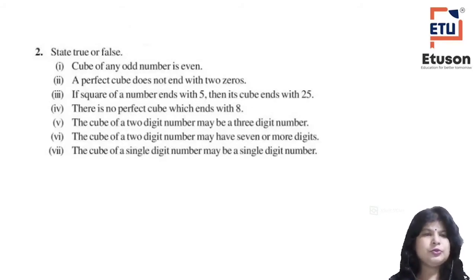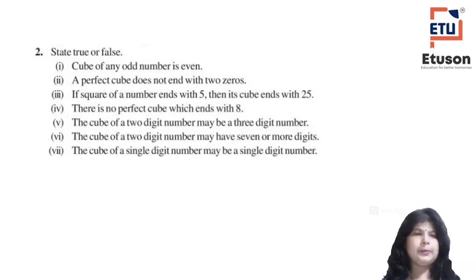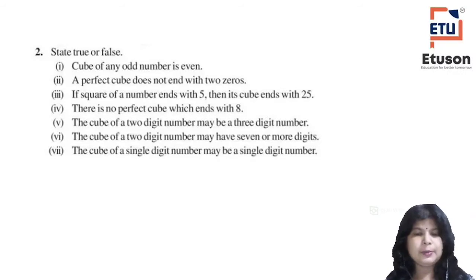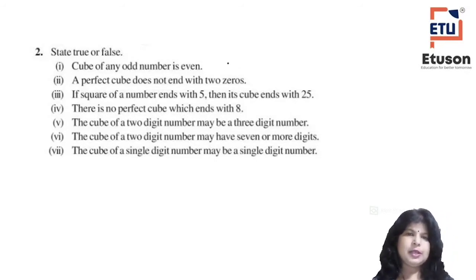State true or false. So first bit is cube of any odd number is even. So let us try with some examples. So let us consider some odd numbers. Okay, so we will start with 1. So 1 cube is 1.